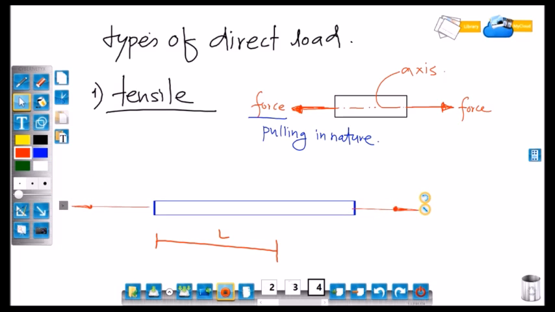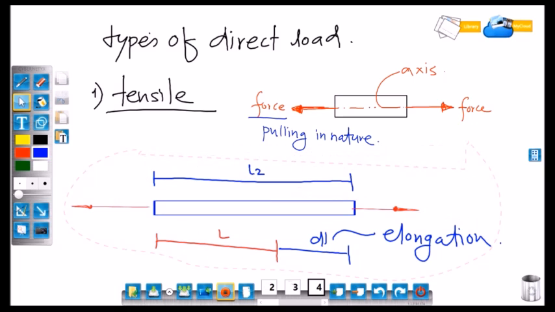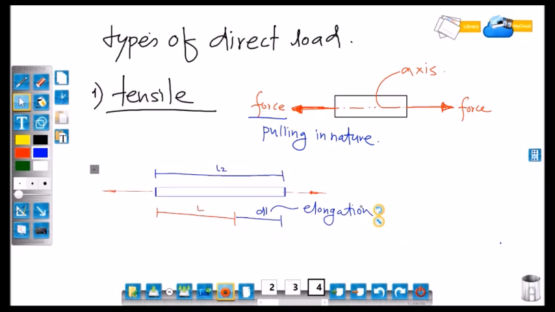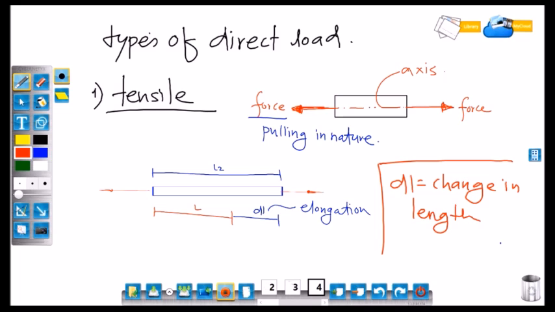The body will get elongated. L1 is the original length of the body and L2 is the final length, and delta L will be the elongation, that is the change in length due to application of tensile force. So delta L is equal to the change in length of the body, that is equal to L2 minus L1.